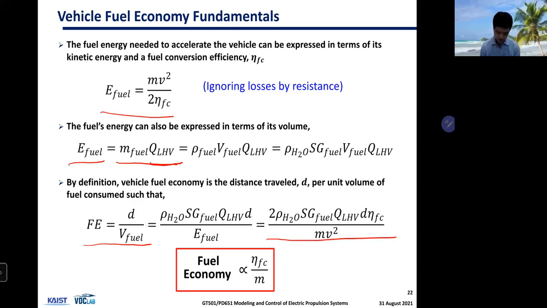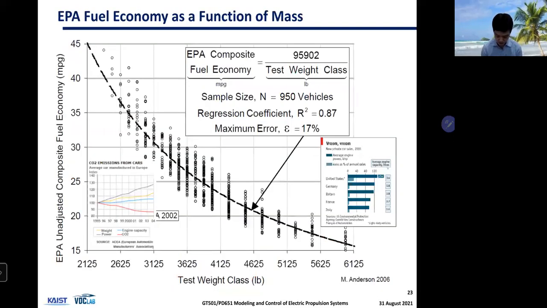And what this means is that fuel economy is proportional to efficiency divided by mass. And here the point was fuel economy is inversely proportional to mass. And these are real data. That was quick math to show the relationship between efficiency and fuel economy and mass.